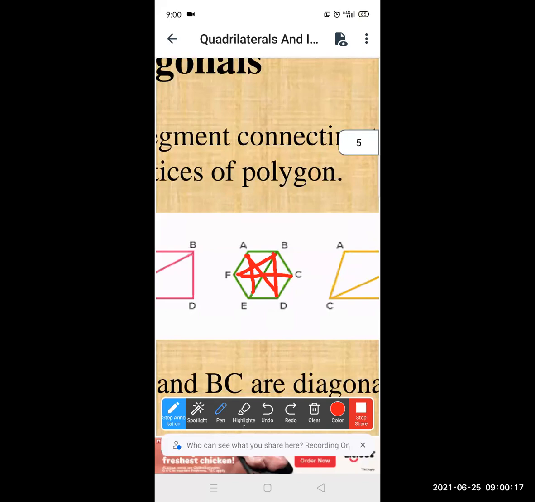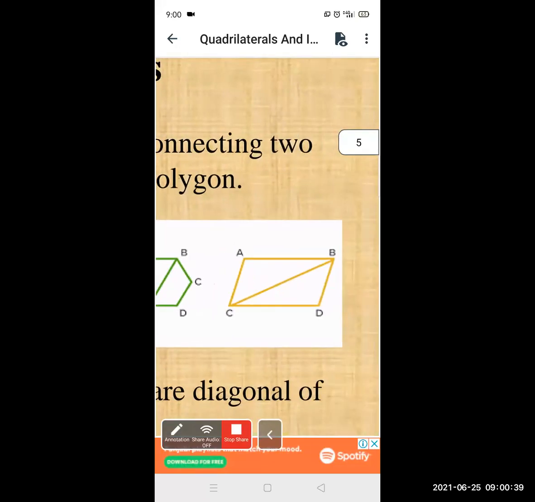Using one point, remove the consecutive points and draw multiple lines from that point. So as your figure gets extended, your diagonals will increase. And here is also again a closed figure, that is ABCD.